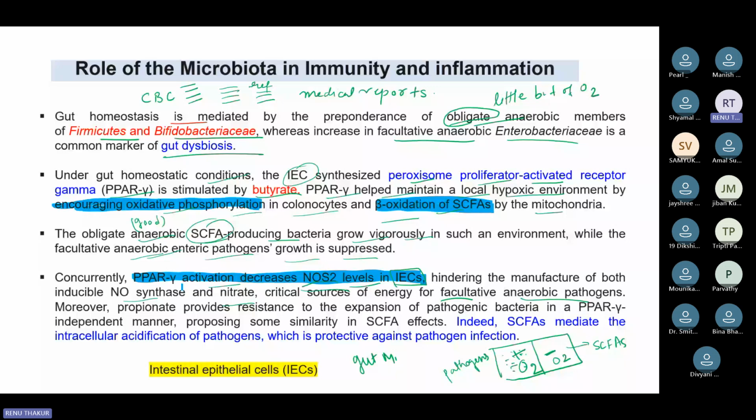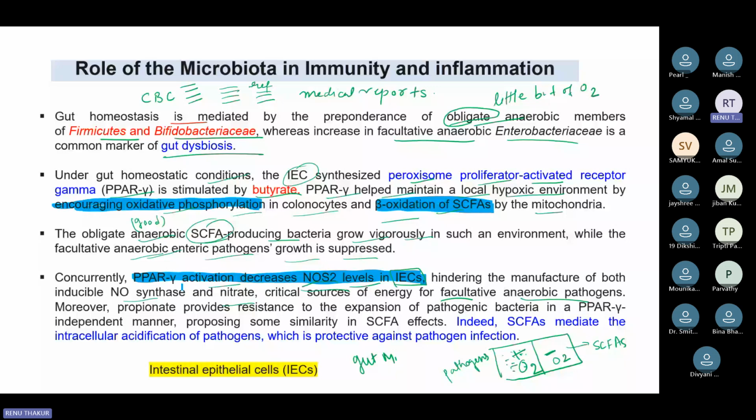So now, any cell requires glucose to grow in the body. But some pathogenic microbes rely on different material, different groups like nitrate, to grow in the body.